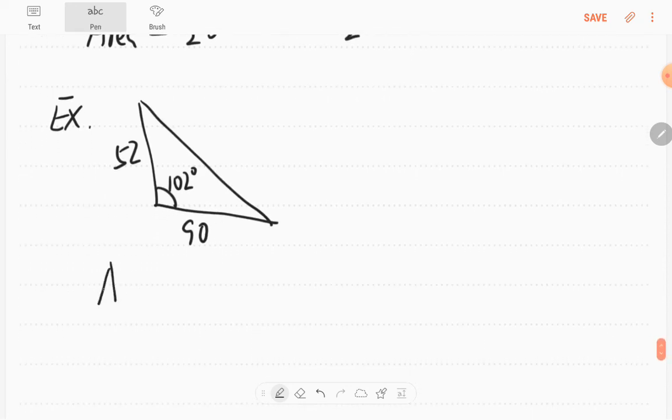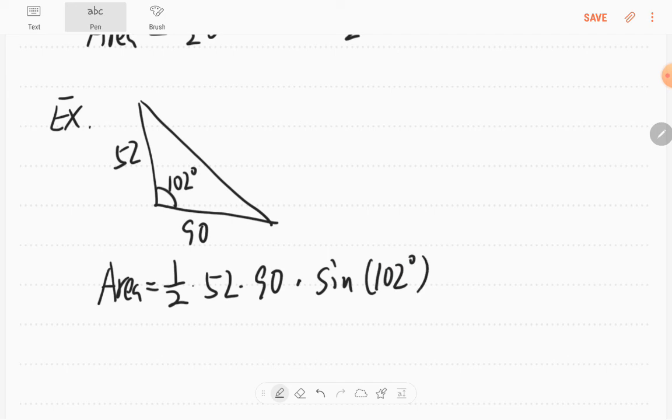We can calculate the area as 1/2 times these two sides, 52 and 90, times sine of this angle, 102 degrees. That is 1/2 times 52 times 90 times sine 102 degrees, which is 2288.87 square units.